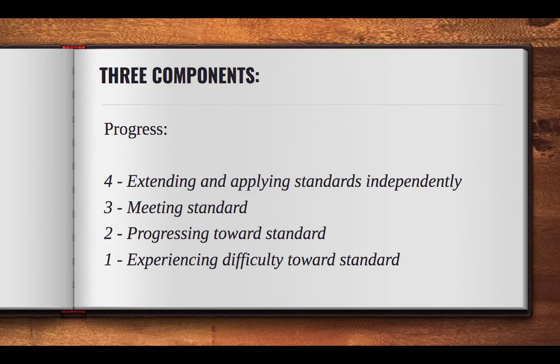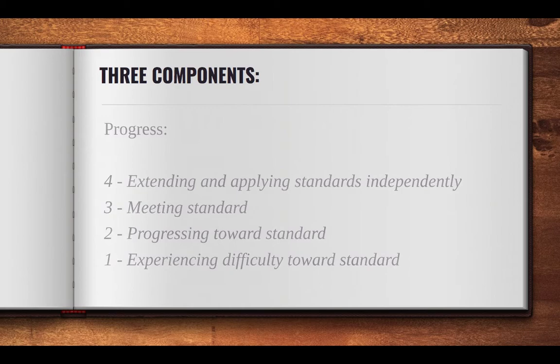If your student is progressing toward a standard, and especially at a progress reporting level, or if the whole entire segment of instruction has not been completed, then you might see a 2, which is perfectly okay. Again, if your child is experiencing difficulty toward the standard, this is the time when you would want to talk with the teacher and the entire instructional team on how that student can be supported, both in school and out of school.